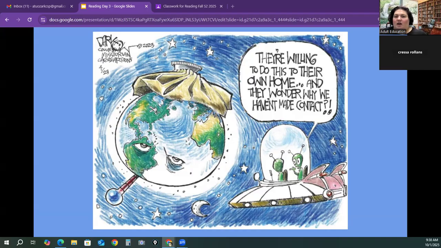In other words, we're not taking care of the planet. The planet is sick, and that's why aliens aren't coming. So most likely this is some type of environmentalist propaganda. So environmentalists are trying to say, hey, we need to pay better attention to the Earth. We're making the Earth sick.